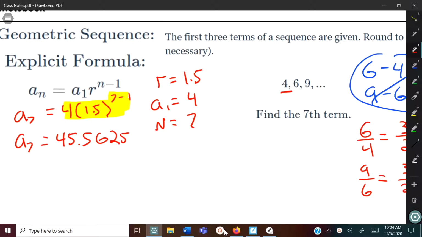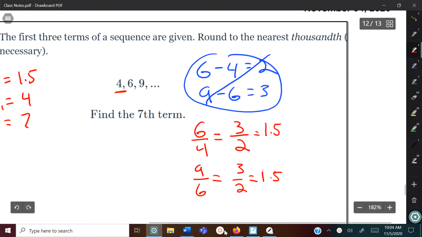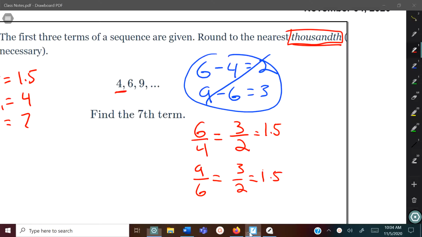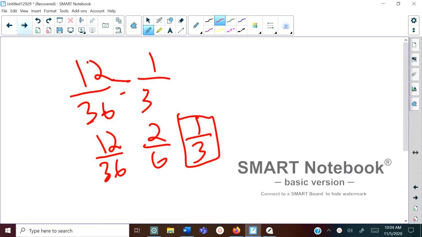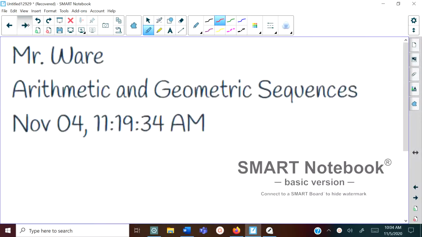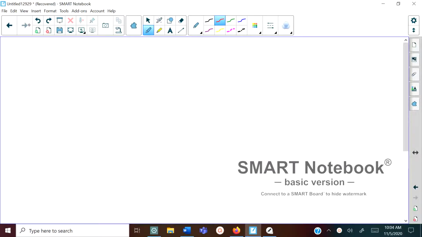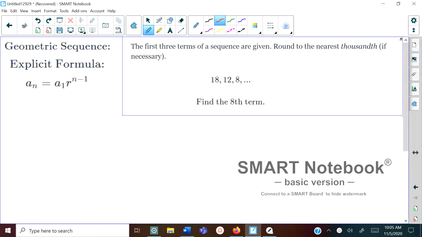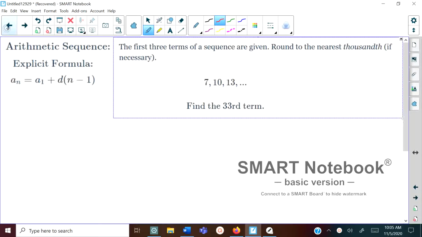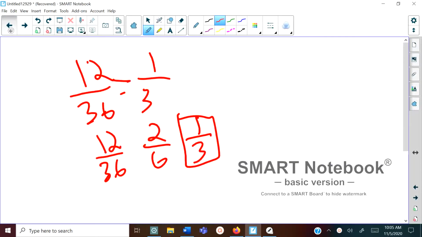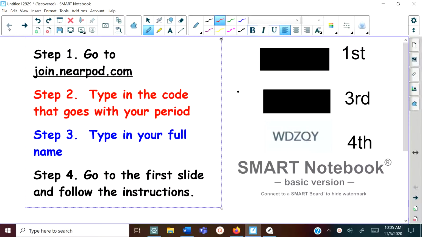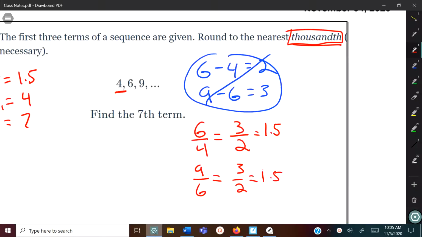But it says to round to the nearest thousandth. And what is the thousandths place? If you're confused about rounding, you need to take a look at place value.